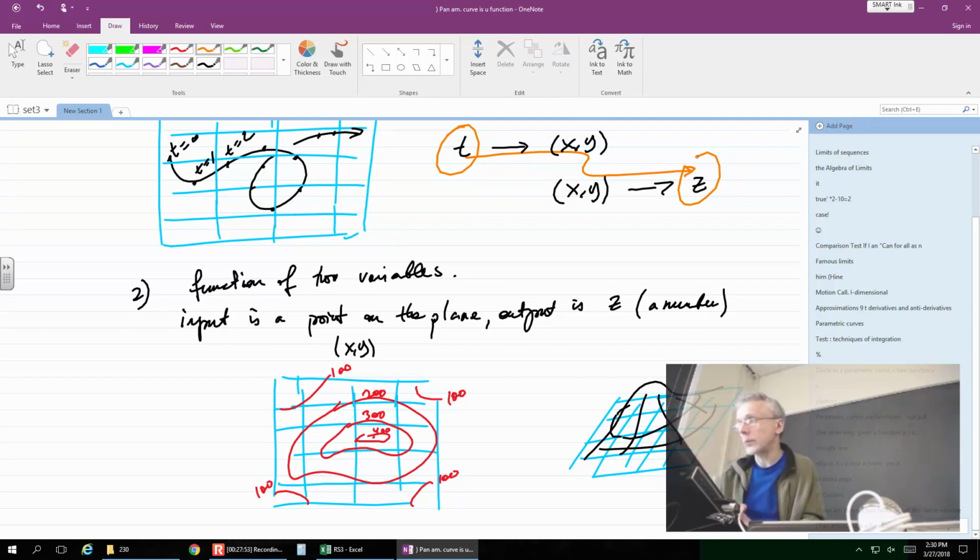Do you remember what it's called when you combine two functions consecutively? It's called composition. And you can compose functions, not necessarily a function of one variable.